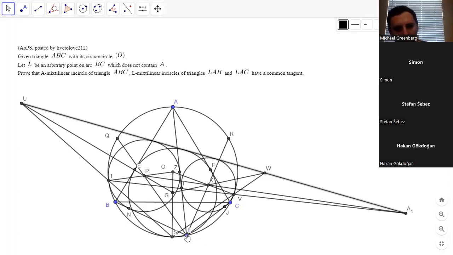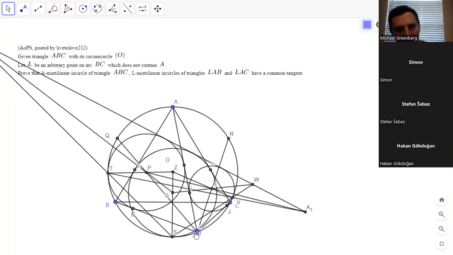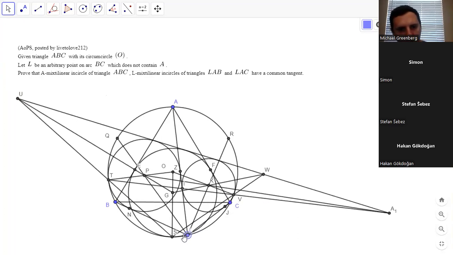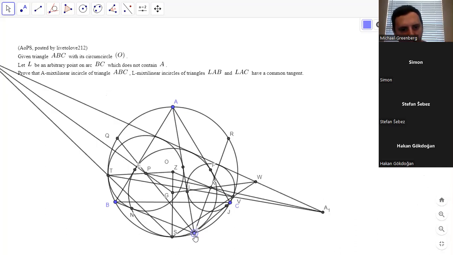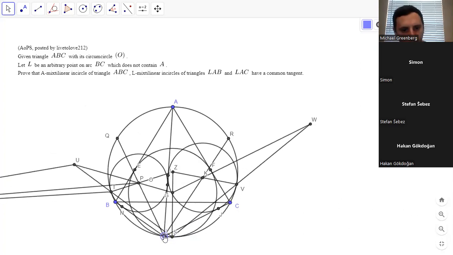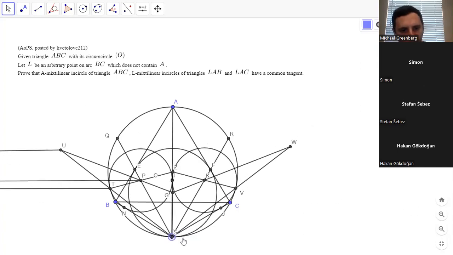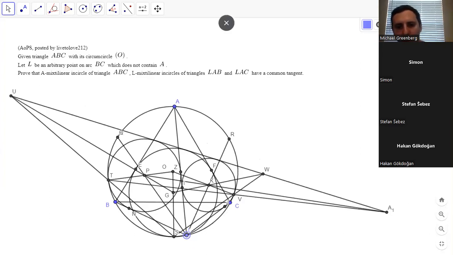So yeah, what happens to this line as we vary? Let's see what happens as we move around point L. Can we prove it when L is like the midpoint of, I wonder if there's a special case of L that we can prove this on.